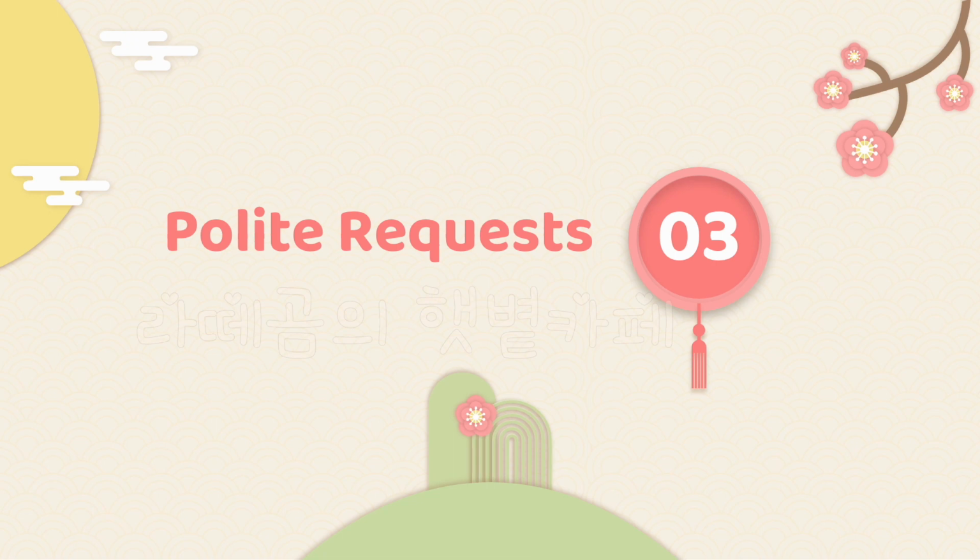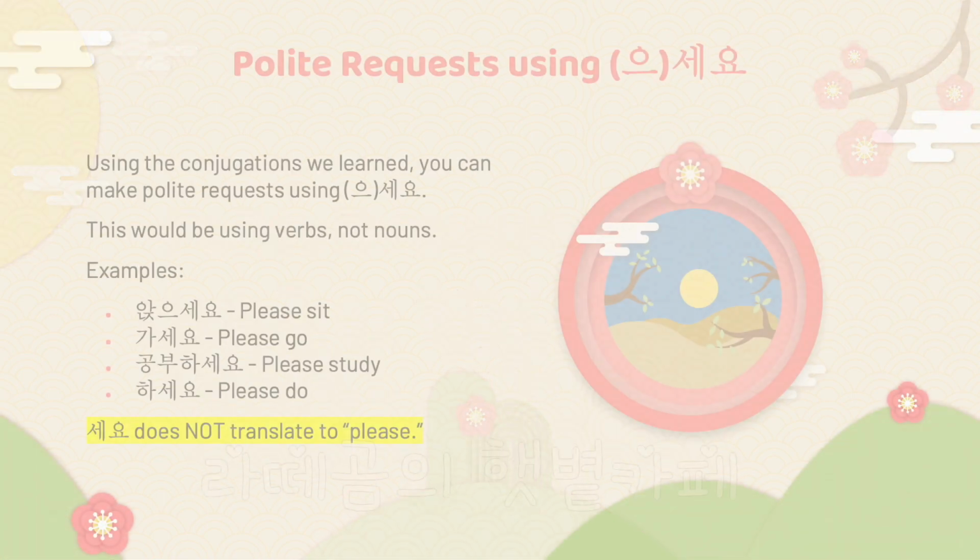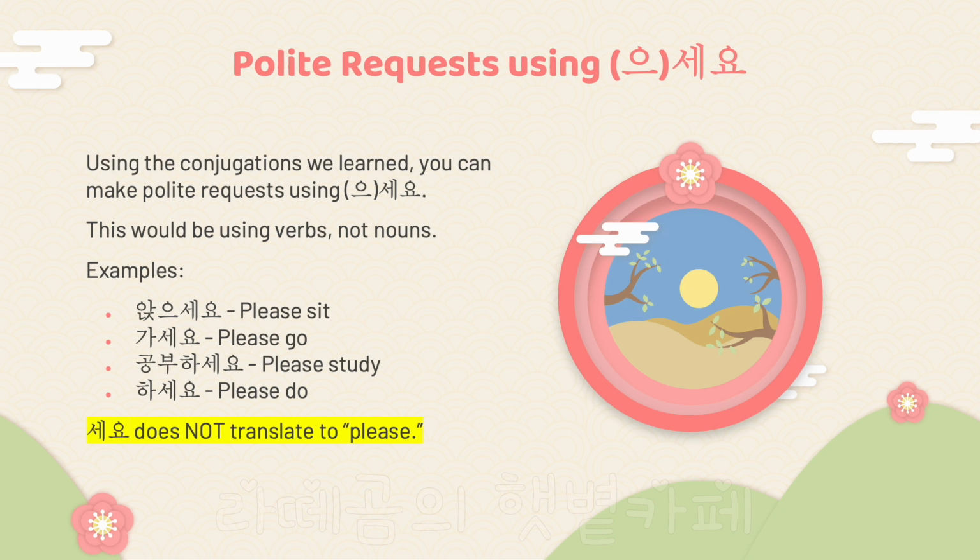Alright, we are moving very quickly, but the next section is polite requests using 세요. 세요 can also be used to make polite requests. These would only be used with verbs, not nouns, and we have a few examples here.